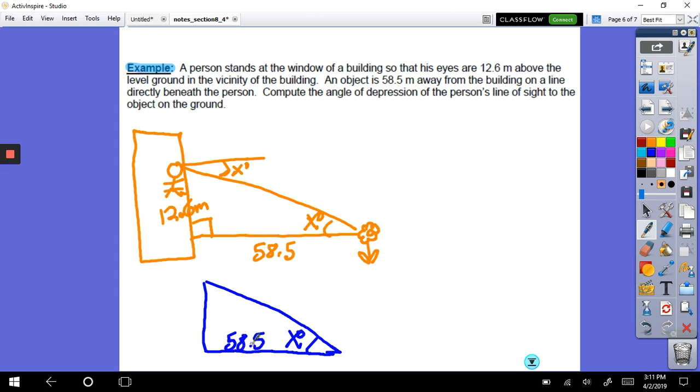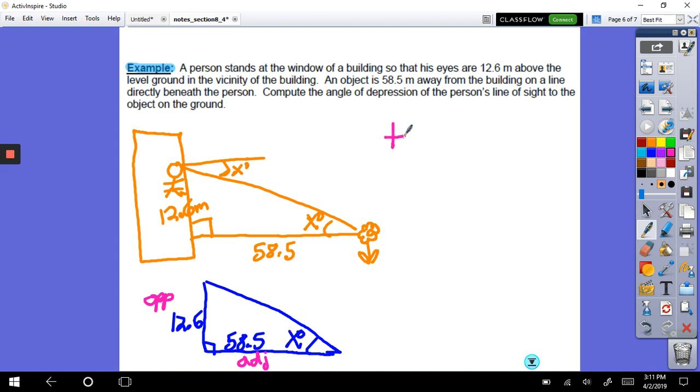So 58.5, 12.6. Now it kind of looks like one we had yesterday, where we need to go in and label opposite, adjacent, hypotenuse. Well, that's opposite, and that would be adjacent. And then we need to pick which trig function. Opposite and adjacent is tangent.